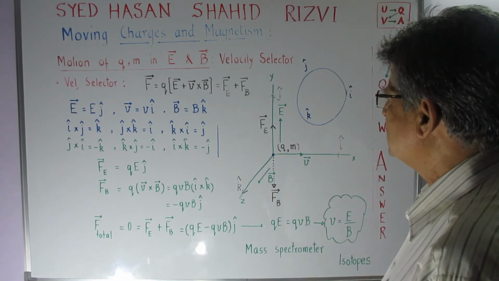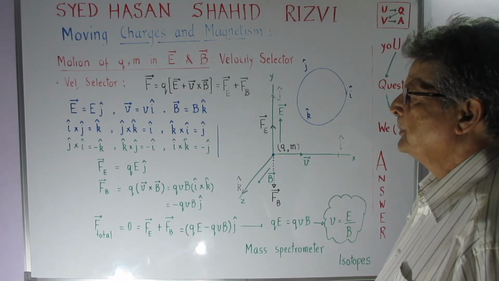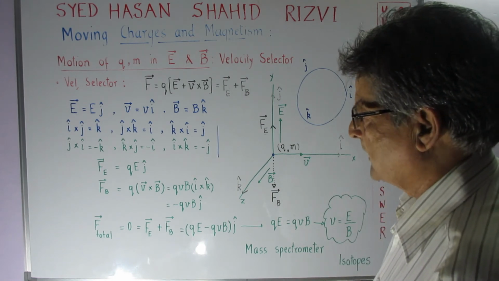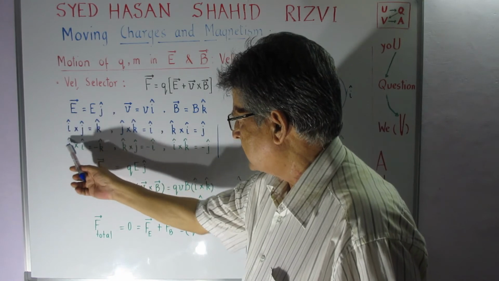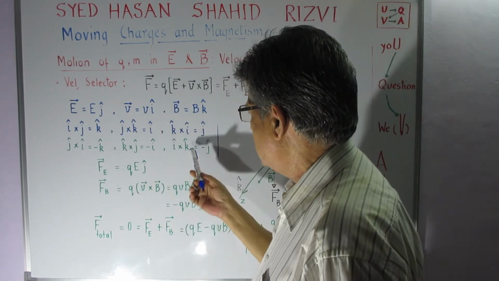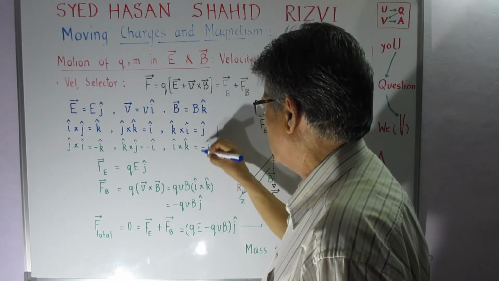This is the cyclic order that I told you about. And of course, because A cross B is equal to minus B cross A, j cross i will be equal to minus k, k cross j will be equal to minus i, and i cross k will be equal to minus j. We are going to use this one.